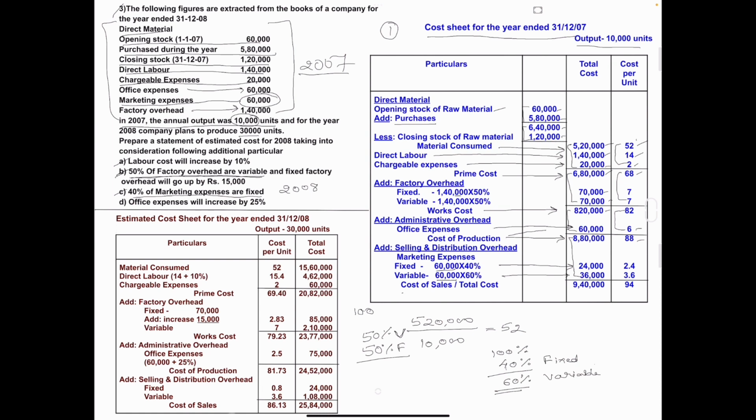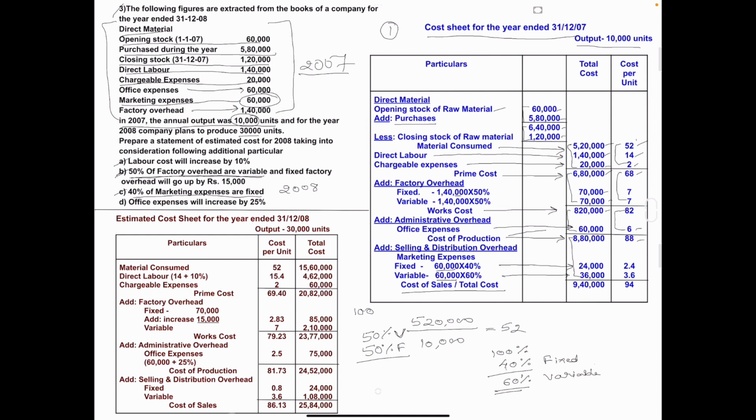This is called cost of sales or total cost. In this problem they have not given information related to sales and profit. So just total cost we have to calculate. So this is the part 1 where we have prepared cost sheet for the year ended 2007.